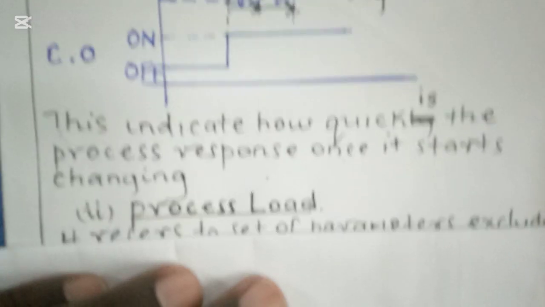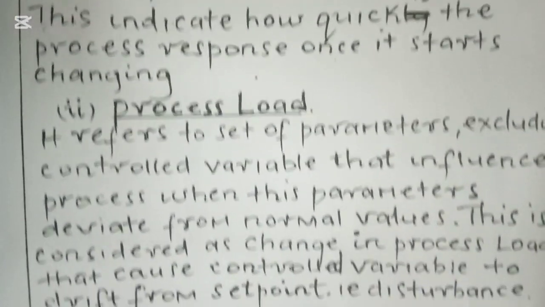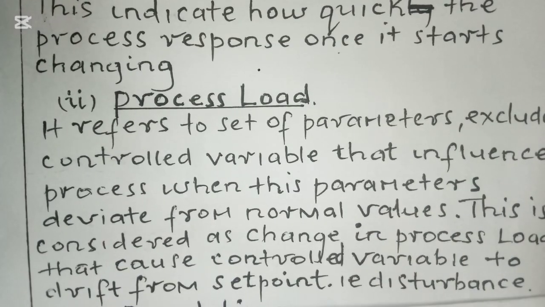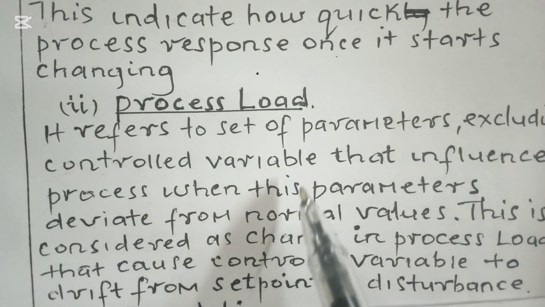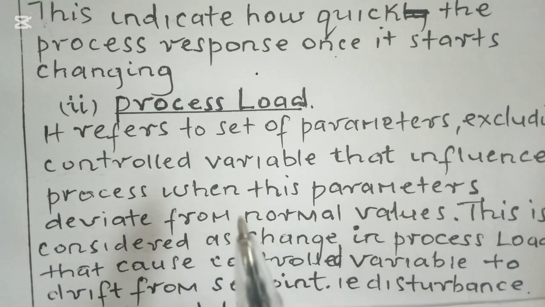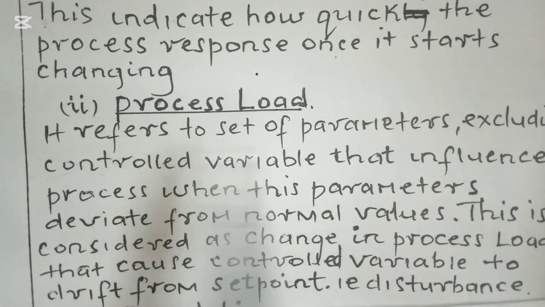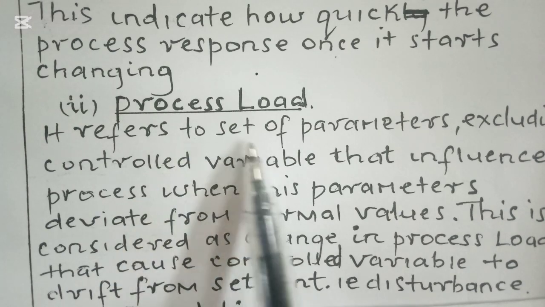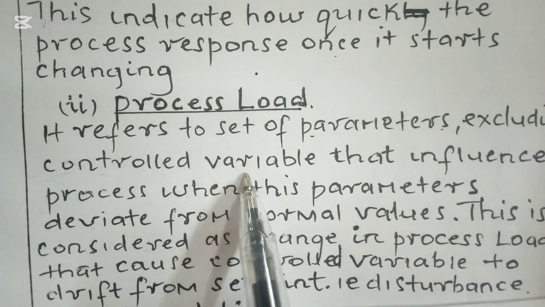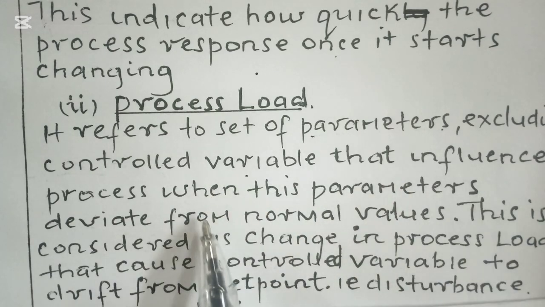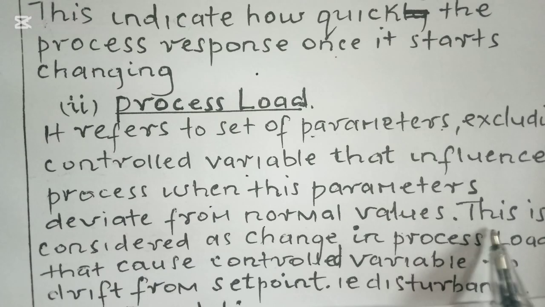Coming now to process load. Guys, as you know, in control systems we usually have what we call the measured parameters. To read the statement, it refers to the set of parameters excluding the controlled variable that influence the process when these parameters deviate from normal values.